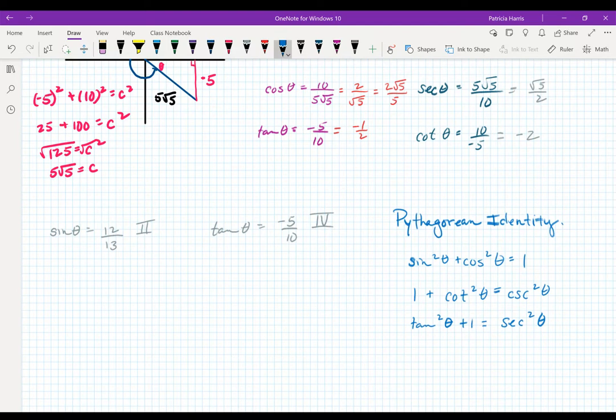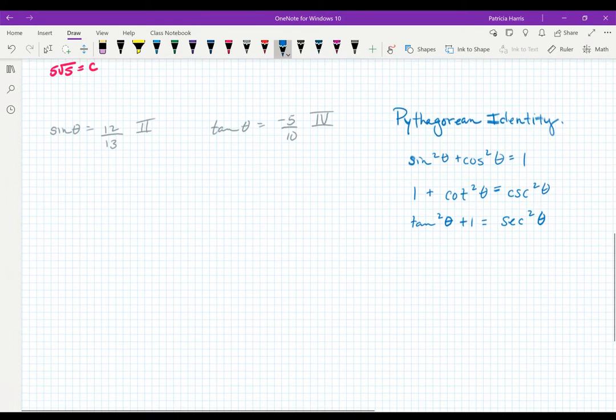So what you can do is use these as well as the reciprocal identities, and there are also some identities for tangent and cotangent that are helpful. Tangent of theta is sine over cosine, and cotangent is cosine over sine.